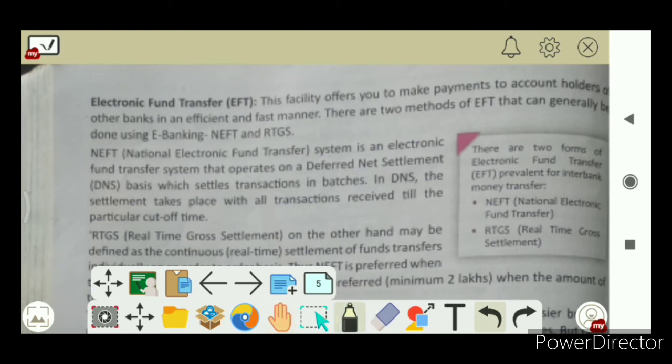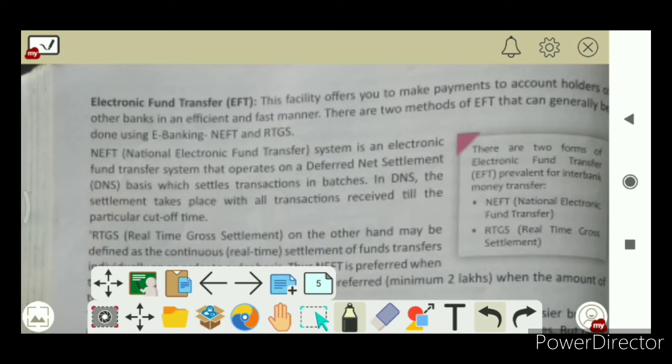Now here other services are EFT and NEFT. So let us see what EFT is. EFT stands for electronic fund transfer. When you want to transfer funds or money from one bank account to another bank account, EFT services are used, right?